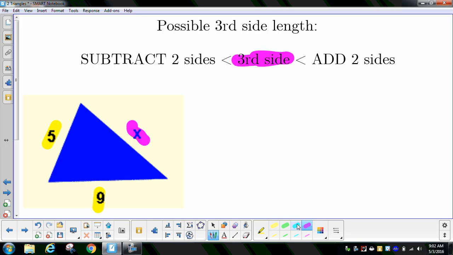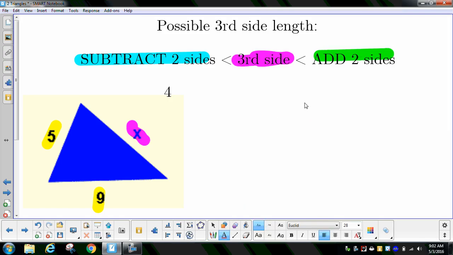I find those two numbers by first subtracting the two sides. So I do the big one minus the small one. 9 minus 5 gives us 4. And then I add the two sides. 9 plus 5 gives us 14.